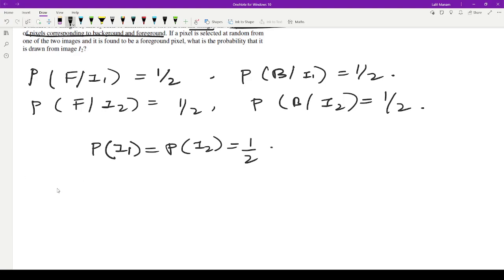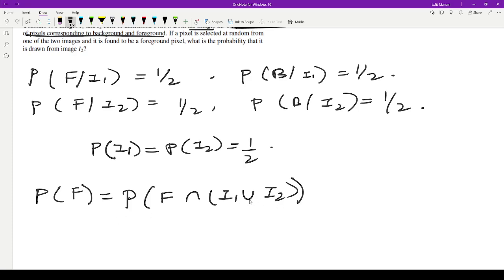So what is the probability of the foreground pixel? From probability theory, there are a few properties that you would like to use here. The probability of foreground is the probability of foreground intersection with these two images, because these two images are the whole sample space out here. Given this, we can write it this way: probability of (foreground intersection image 1) union (foreground intersection image 2).